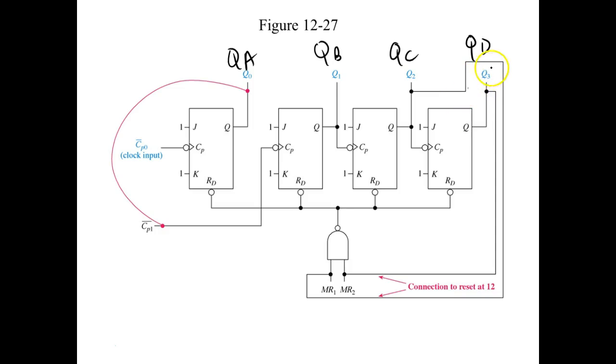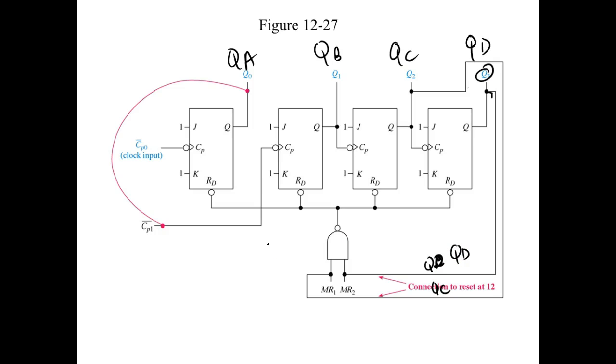So what they're doing is they're bringing Q3, which y'all can't see, they're bringing Q3 down, so this is Q3, and they're bringing QD, and they're bringing QC down. So they're resetting it on these two, right?